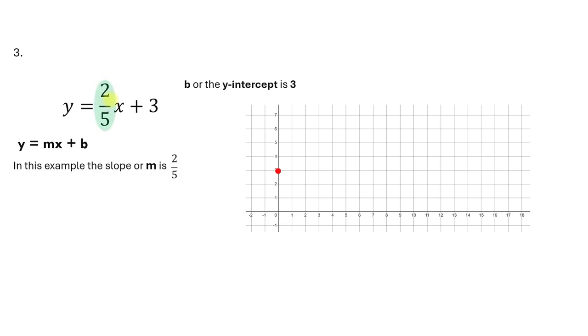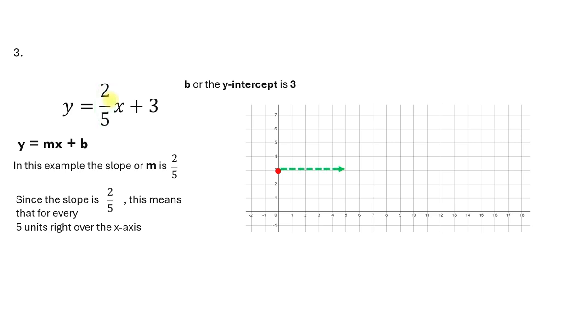And our slope will be the coefficient in front of the x, which is 2/5, which tells us that for every 5 units across the x-axis, we'll move up 2 units along the y. We can plot that point and do the same again. 5 across, 2 up, plot the point, connect the points, and then we have our graph for y equals 2/5 x plus 3.